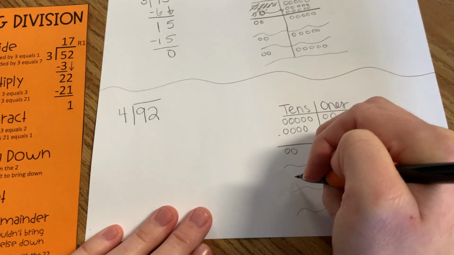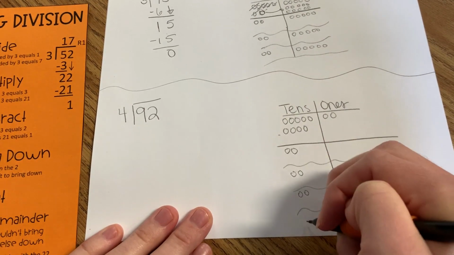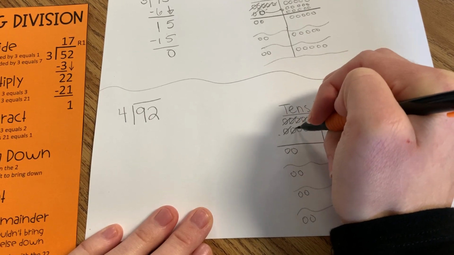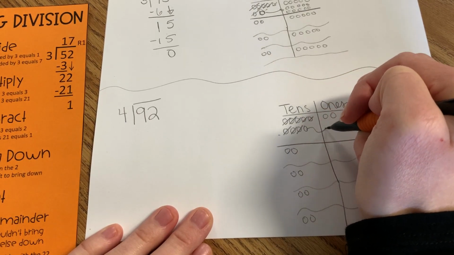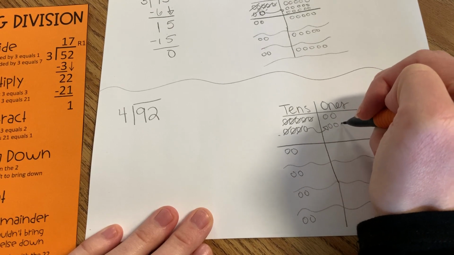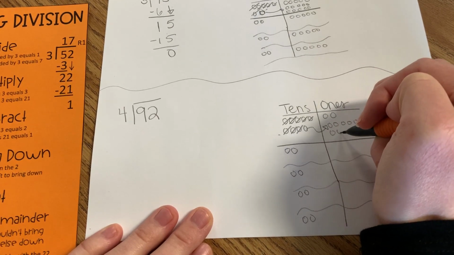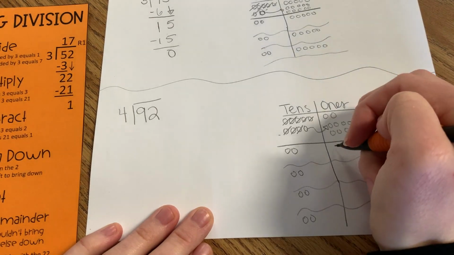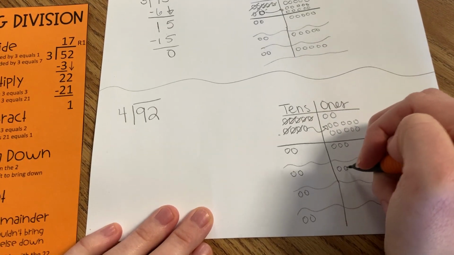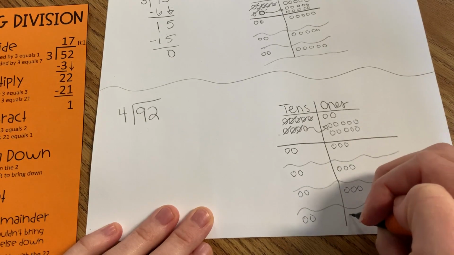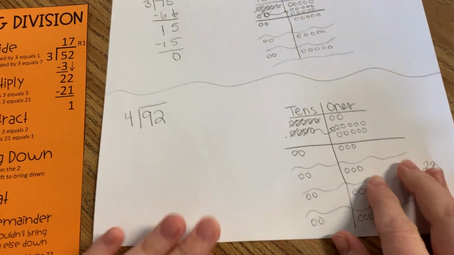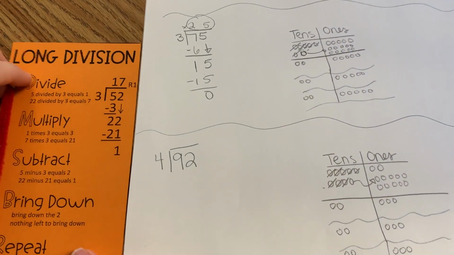Well, I can easily put 2 in each. But then I have one more, splitting this as tens. Now I have 12 ones divided by 4. Well, that's 3 in each. And I get 23. So let's take a look at the traditional algorithm with this.